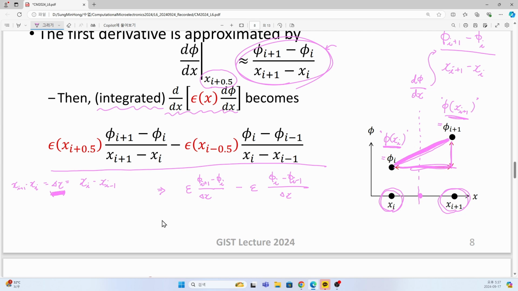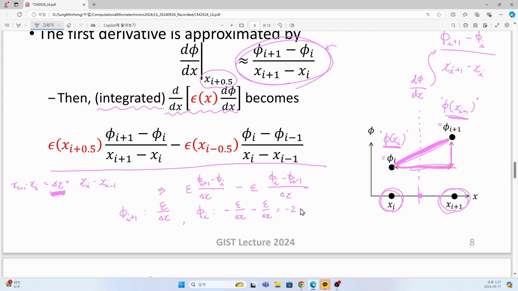So let me try to consider the coefficient for phi i plus 1. How large is it? Its coefficient is simply given by permittivity divided by delta x. Then my other question is, how about the coefficient for phi sub i? In this case, we will have minus epsilon over delta x originating from the first term, and another one originating from the second term, yes, minus epsilon over delta x.